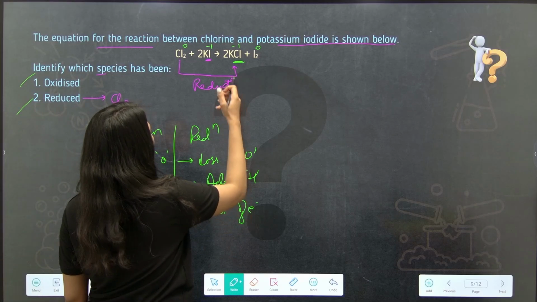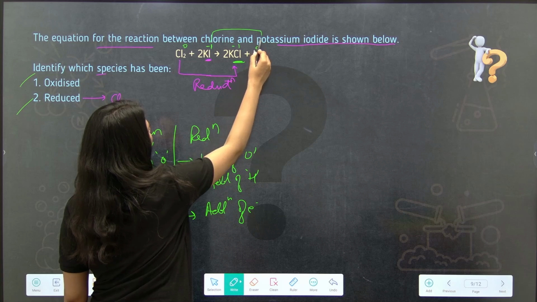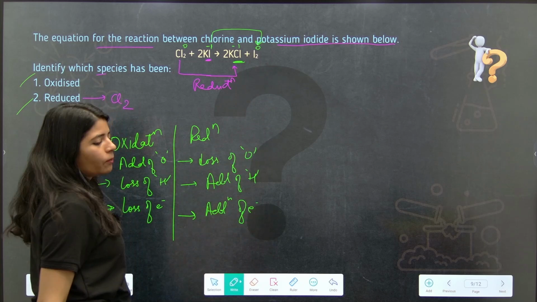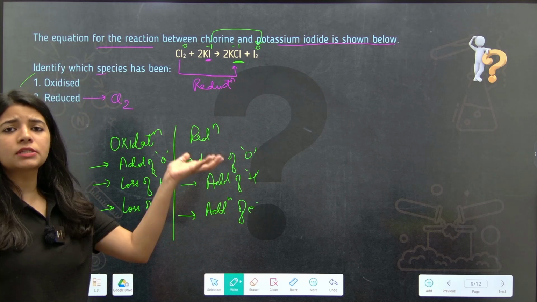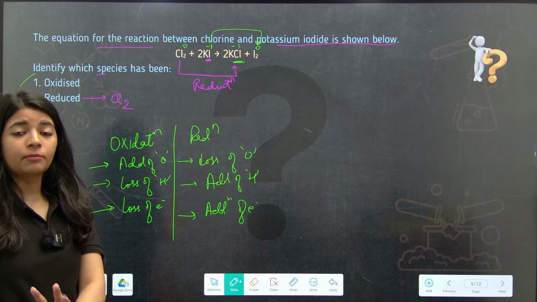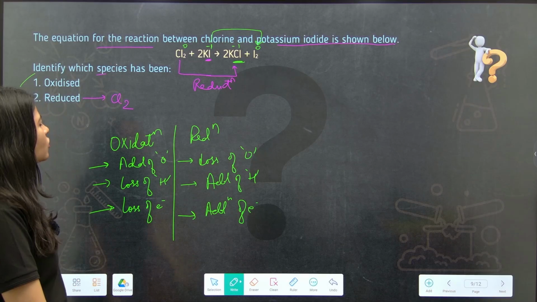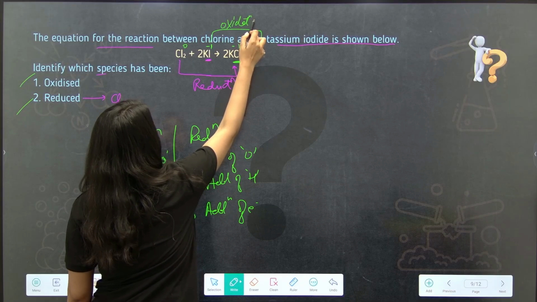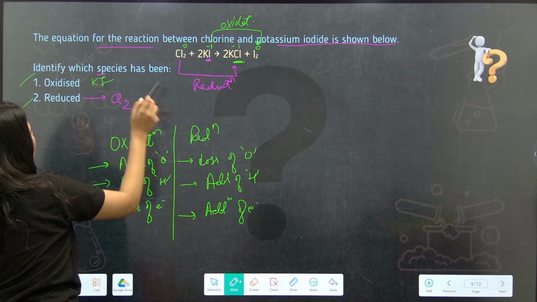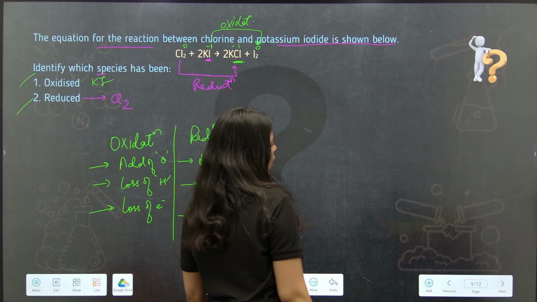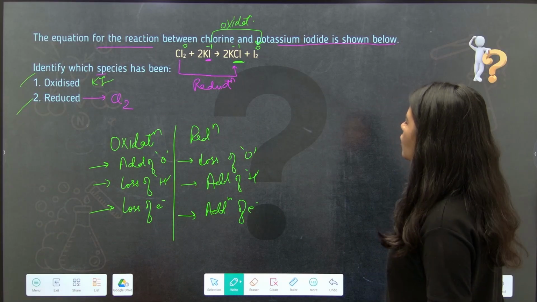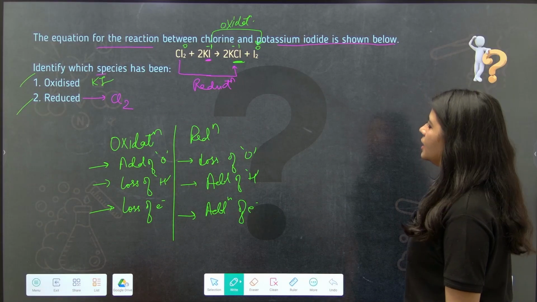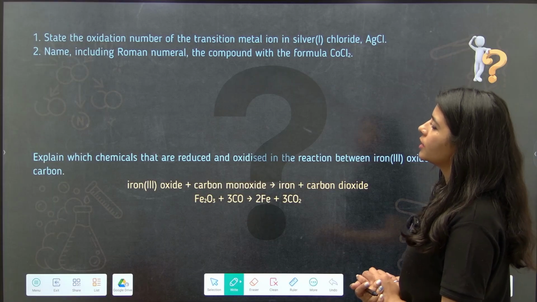And here I minus changed to I at 0. From minus 1 oxidation state, it is converting to 0. It means it has lost 1 electron, and hence this is oxidation. And therefore, we can say that Cl2 has been reduced and I minus has been oxidized to I2, right?